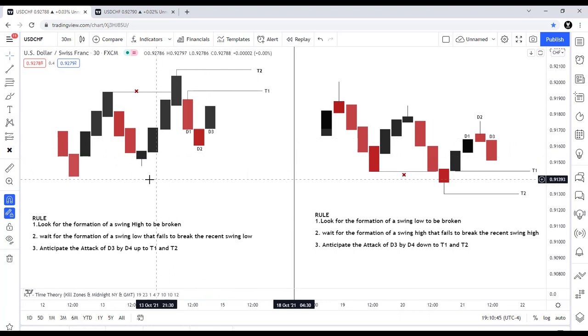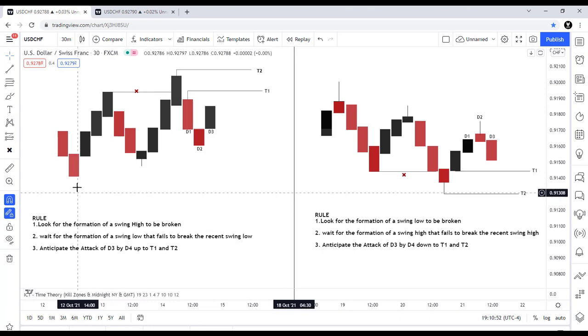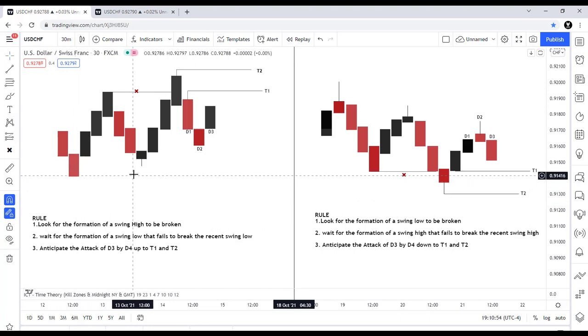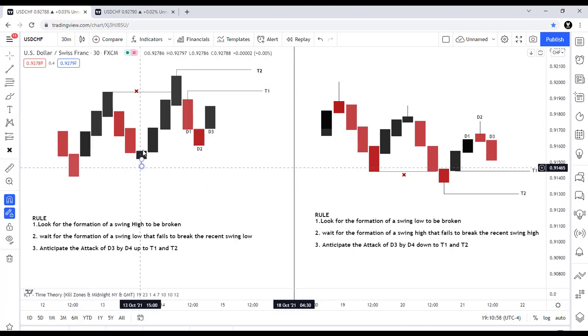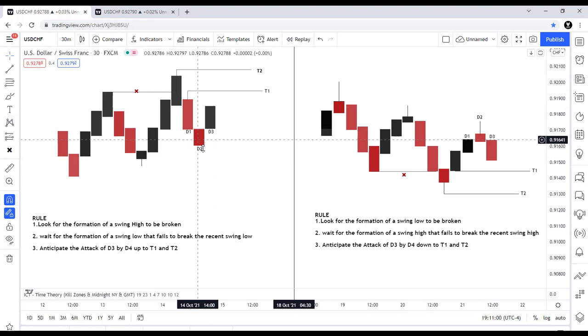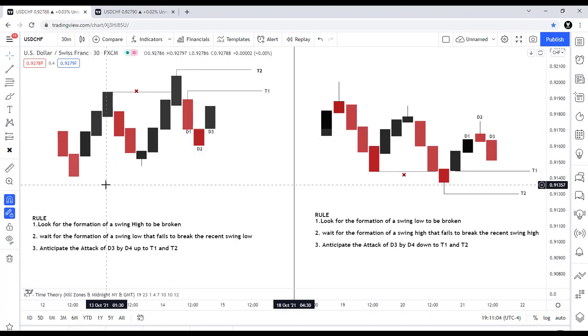If you look clearly in this particular price movement, you'd see that price was making higher highs, higher lows, higher highs, and higher lows. In such a situation, we would say order flow is bullish. And that would mean that we expect to see higher prices going forward.